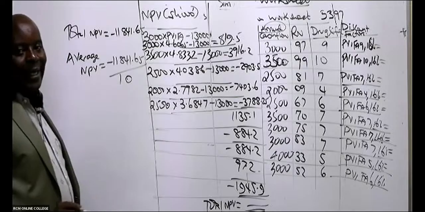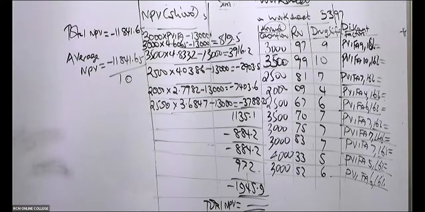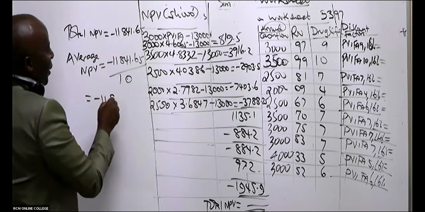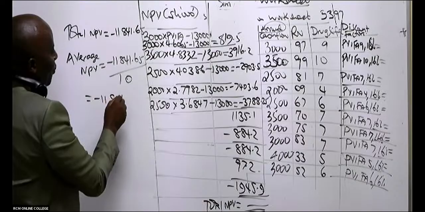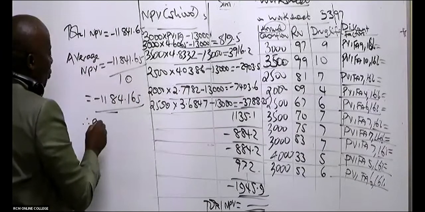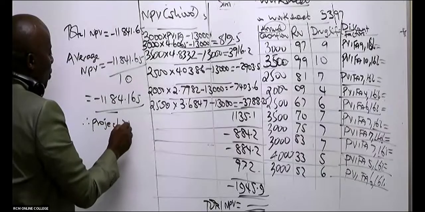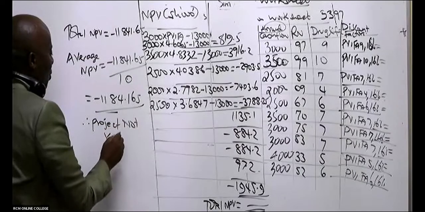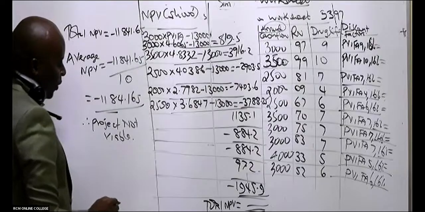Number of runs were 10. So this will end up giving us minus 1,184.165, and therefore the project is not viable.